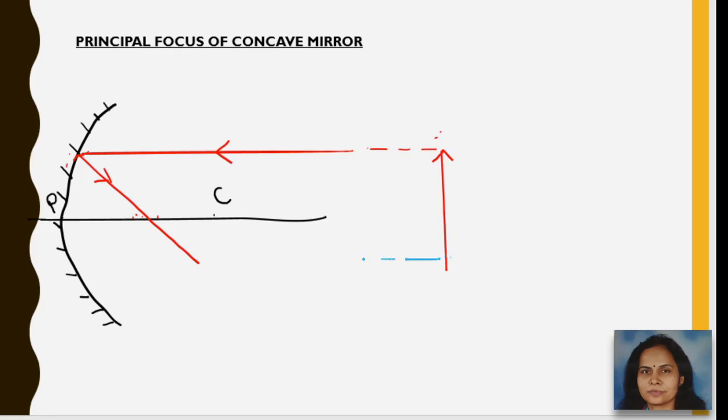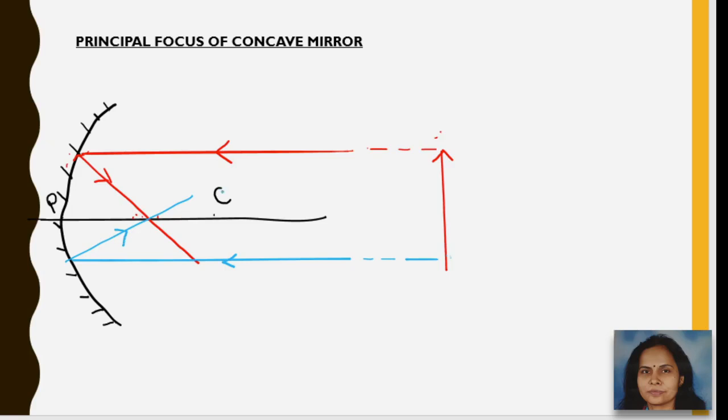Again we take the dashes, and then we draw with a solid line, right? Now after striking the mirror, it will be reflected back, and again it will meet at the same point as the previous reflected ray on the principal axis. Now I need to put the arrow here.